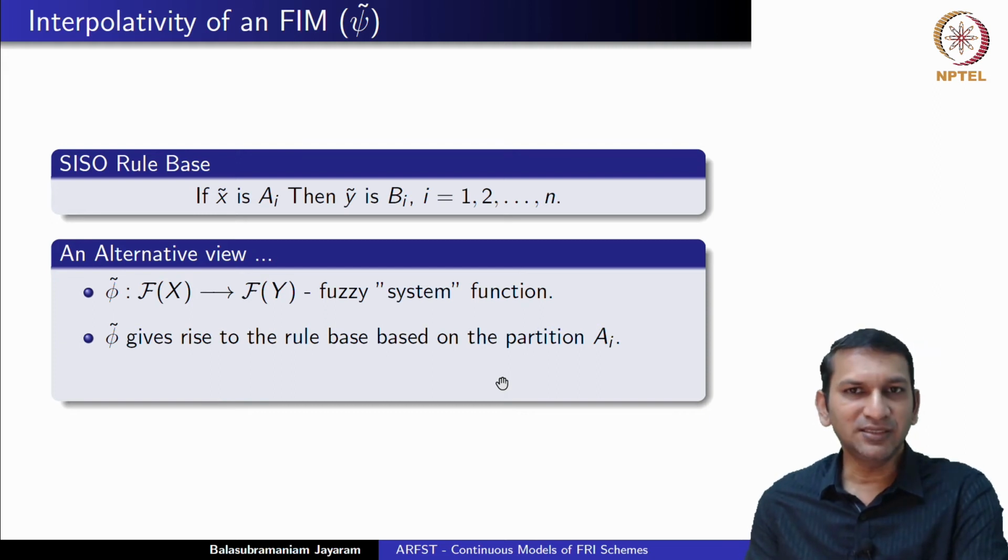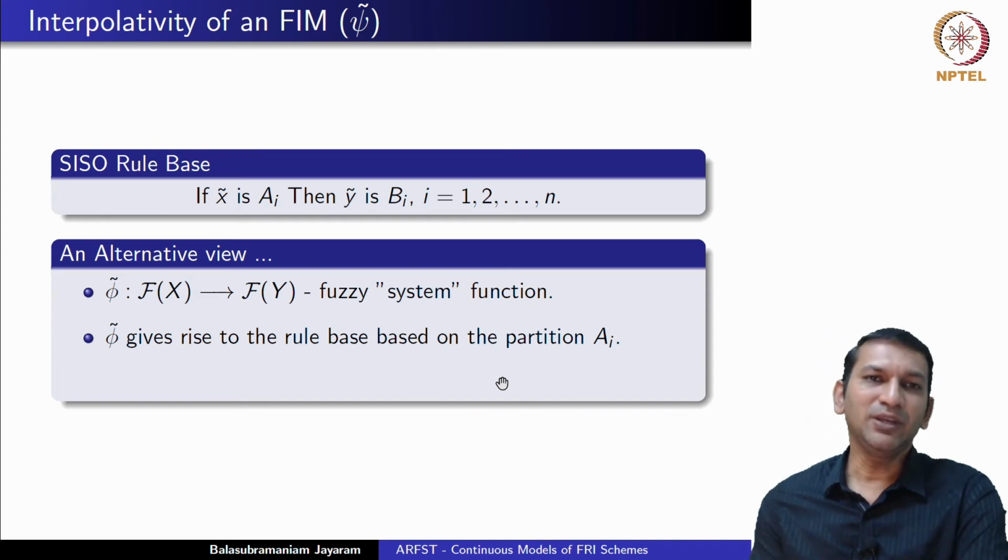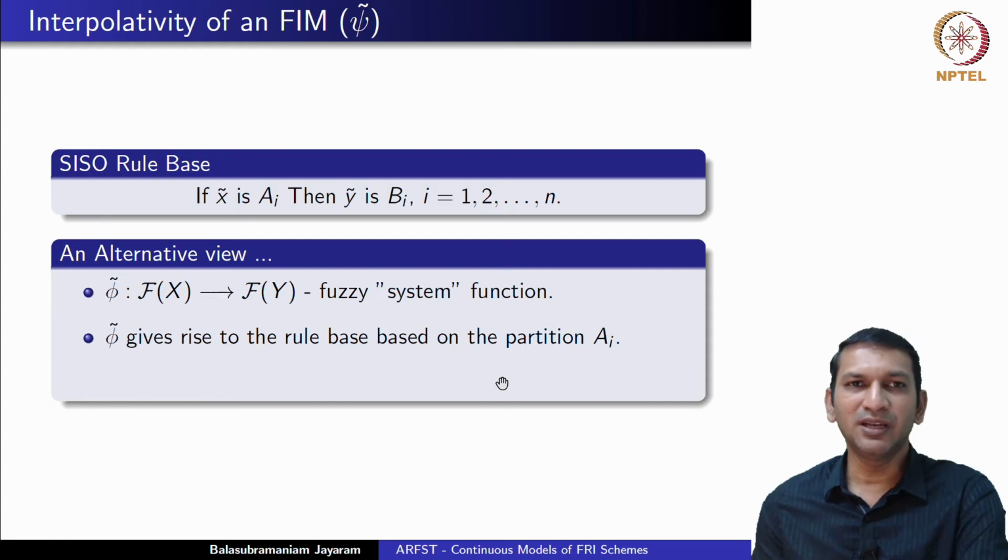So the antecedents and consequence of the rule can be thought of as having been generated by the system function phi tilde, which itself is a mapping from F(X) to F(Y), and where the A_i, the antecedents, are pieces in a fuzzy partition of the input domain, and the consequences B_i are the images of these A_i under the function phi tilde.